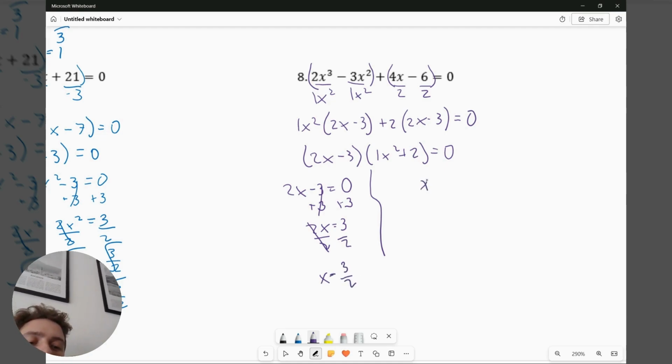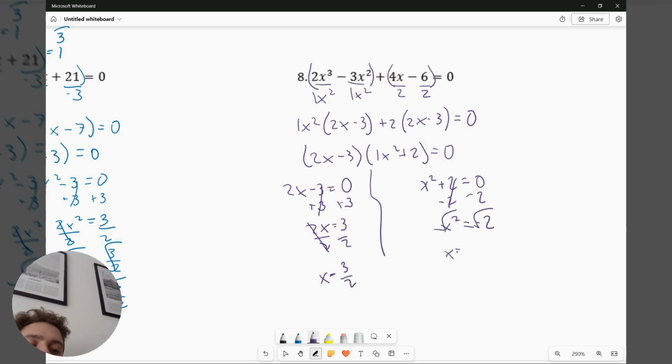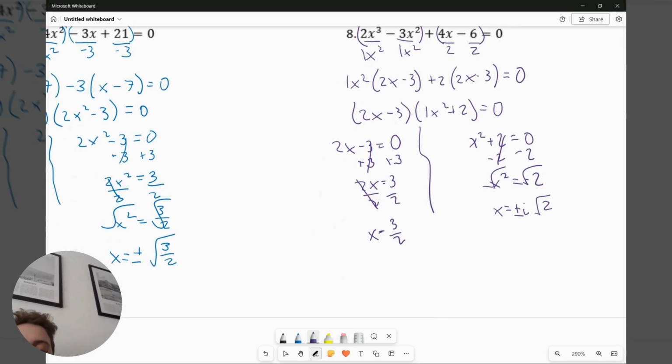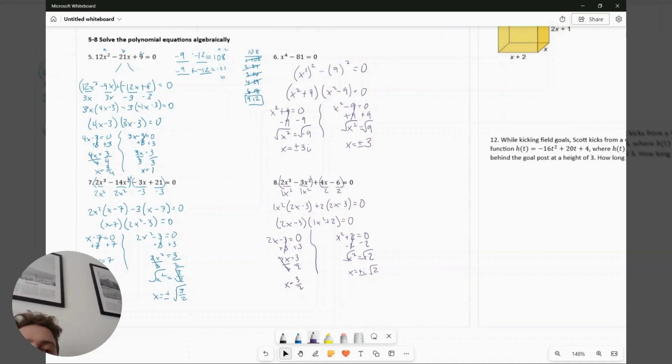If you were to solve this other one, again, that 1 in front of the x squared is not necessarily needed. So x squared would equal negative 2. Take your square root. x equals plus or minus the square root of 2. But since it was negative, don't forget the i. That is our solving process.